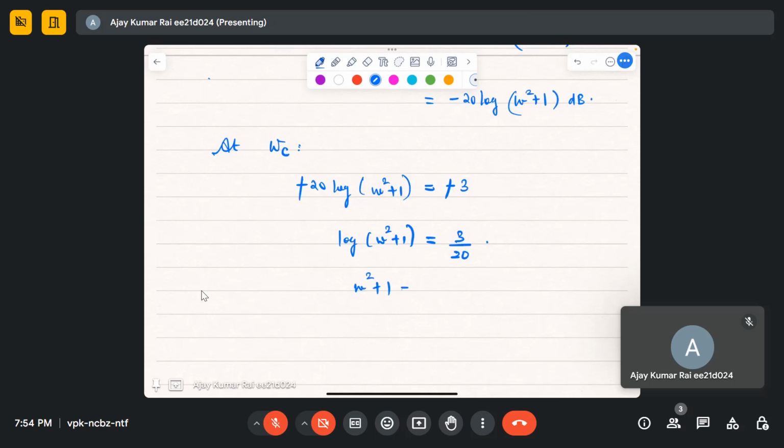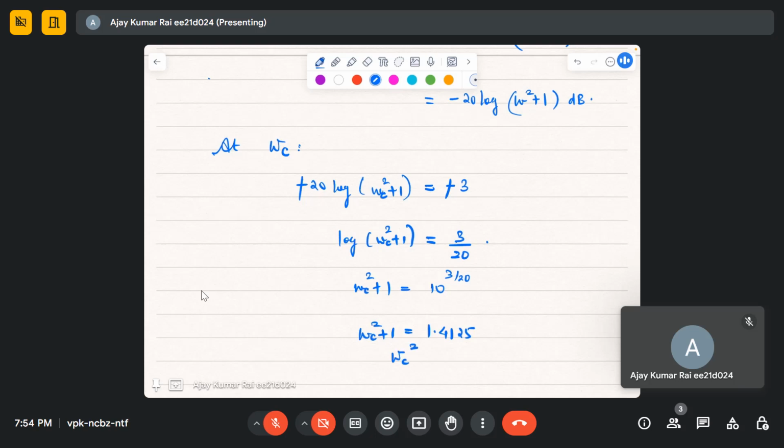If you remove the log, then it has to be 3 by 20. So what is 10 raised to power 3 by 20? It's coming out to be 1.4125.